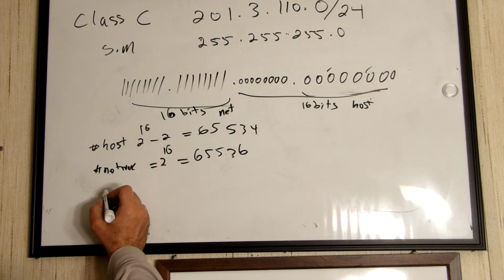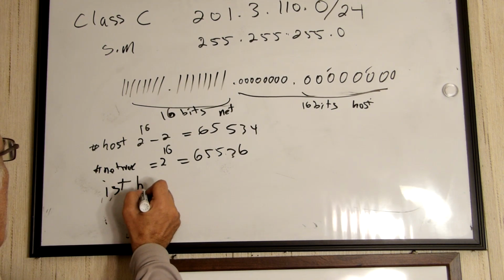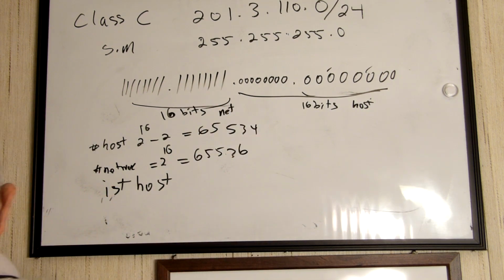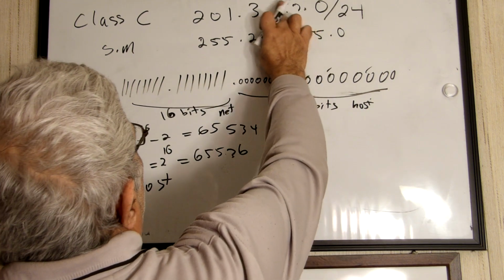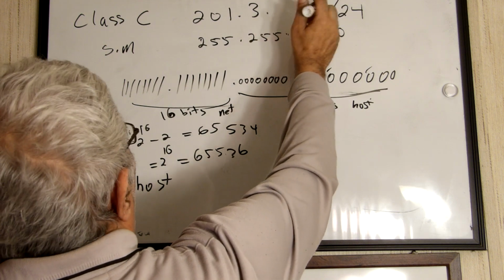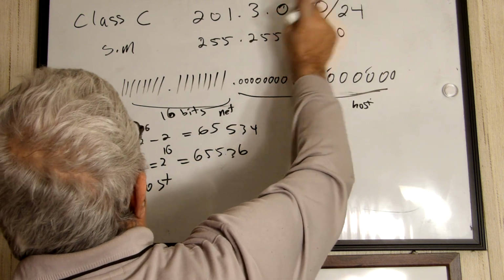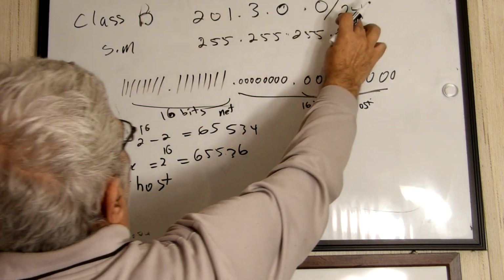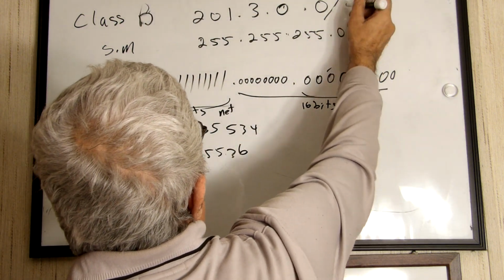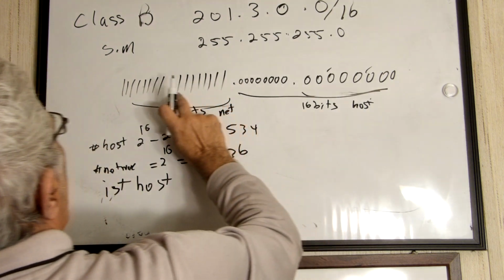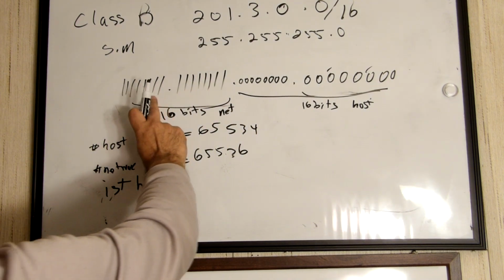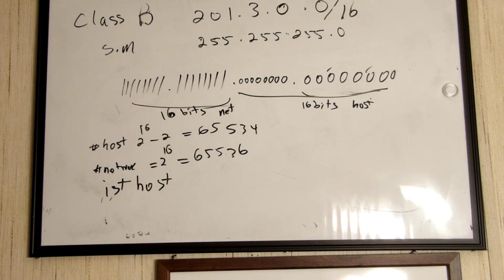So the first host. Suppose this is Class B and this is 16. What does 16 here mean? The number of these ones, 16 ones. Class B is going to be less than 192, for example 183.